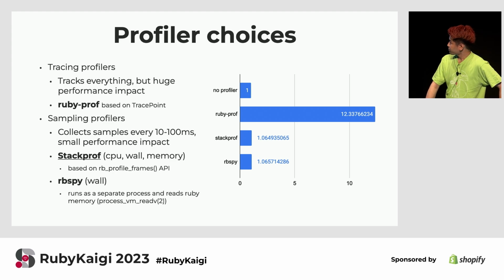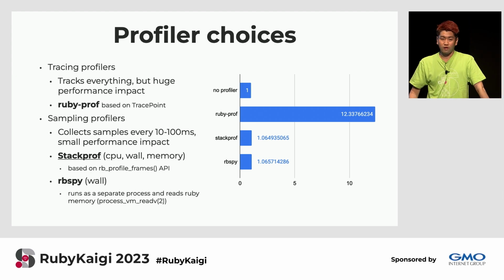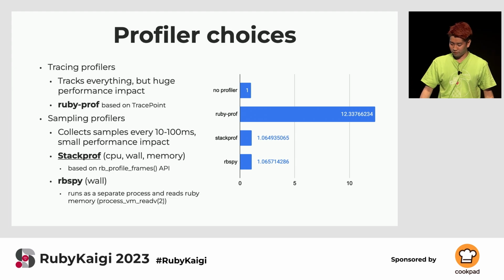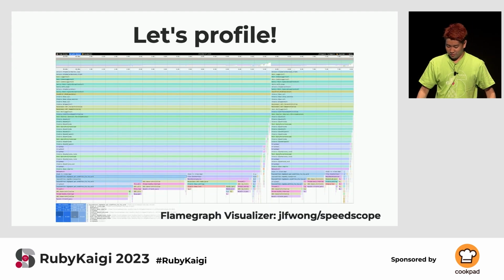As you can see, these don't have a large performance impact, only like 6% slowdown. And in ISUCON, the benchmarker sometimes changes its behavior based on our performance, so tracing profilers can be really a problem here. So our team chose to stick with StackProf just because we like the rb_profile_frames API. So let's profile.